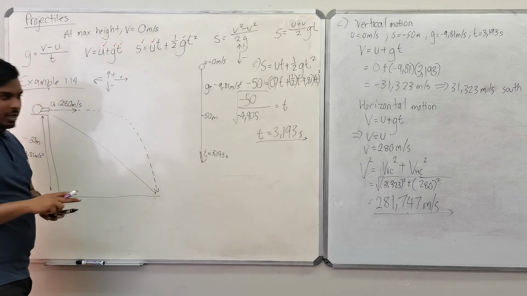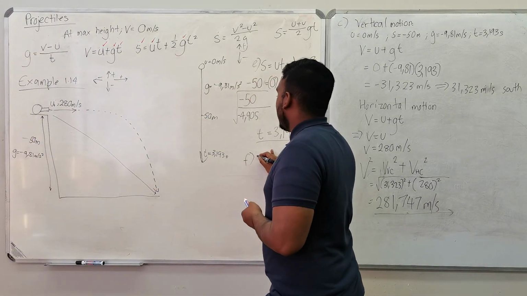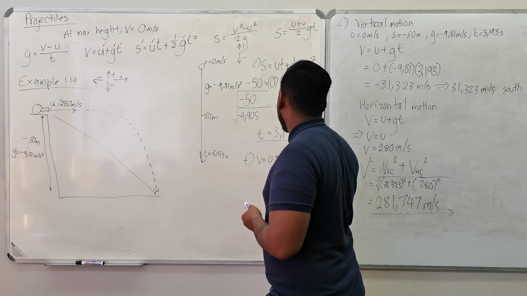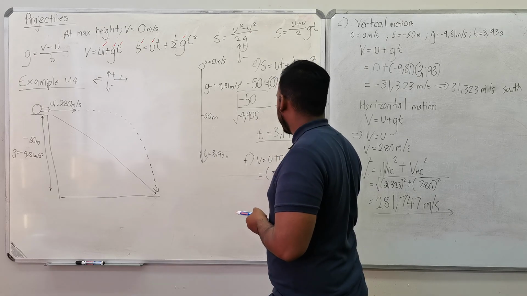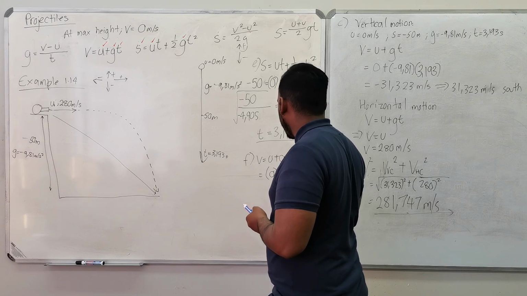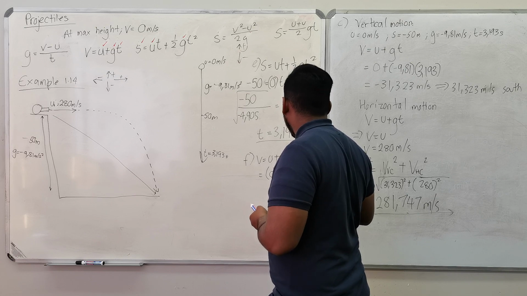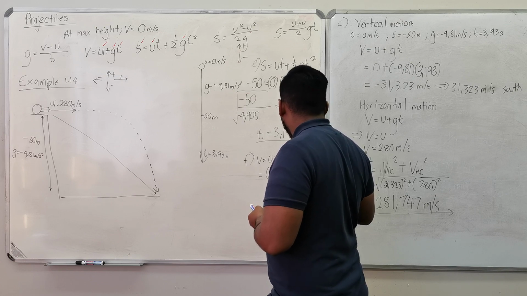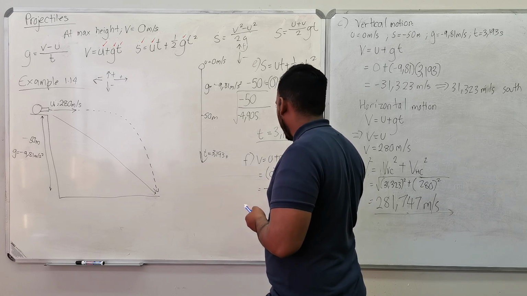Let's use that. Right? V is equal to U plus GT. The initial velocity is 0. Your gravity will be equal to minus 9.81, and your time will be equal to 3.193. So you end up with negative 31.3.